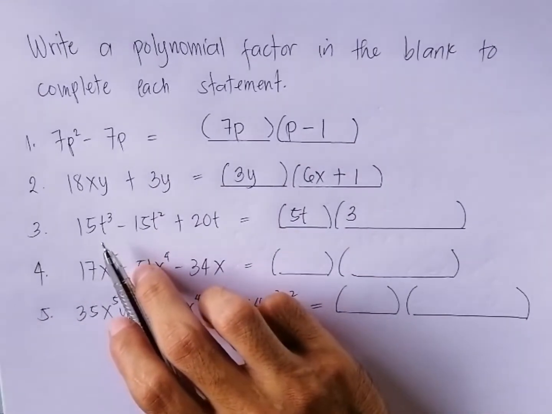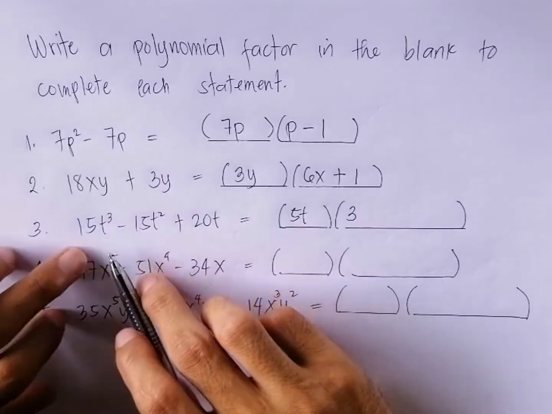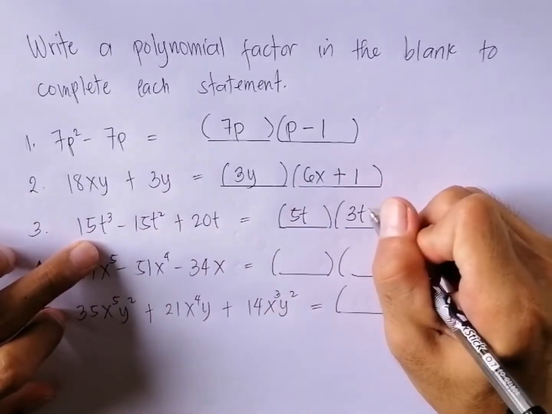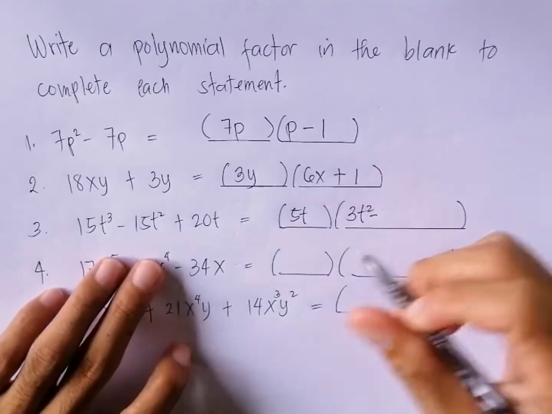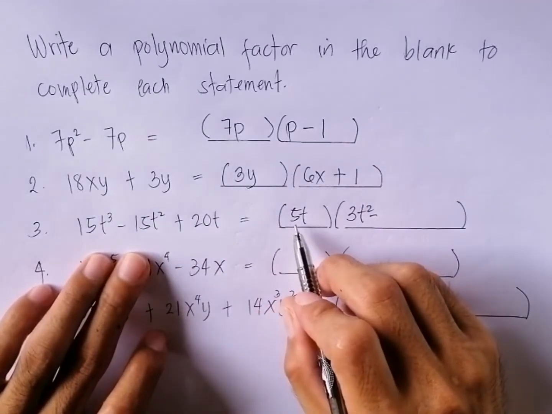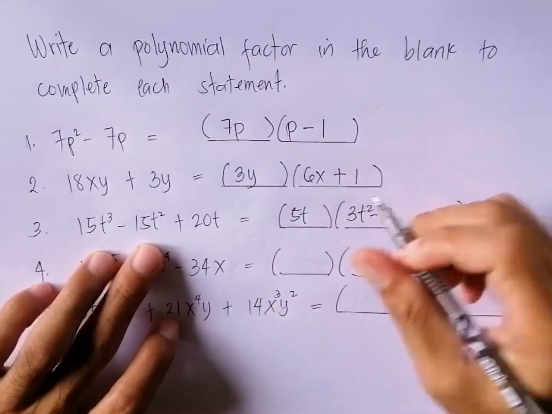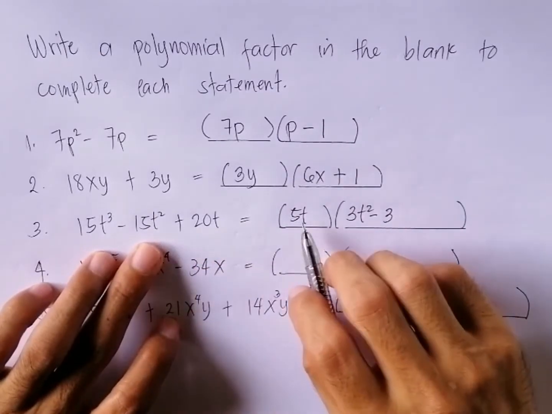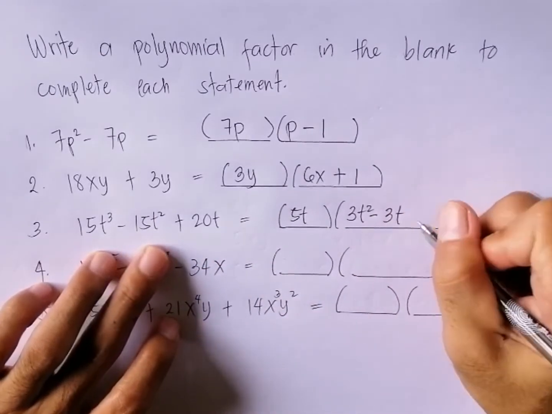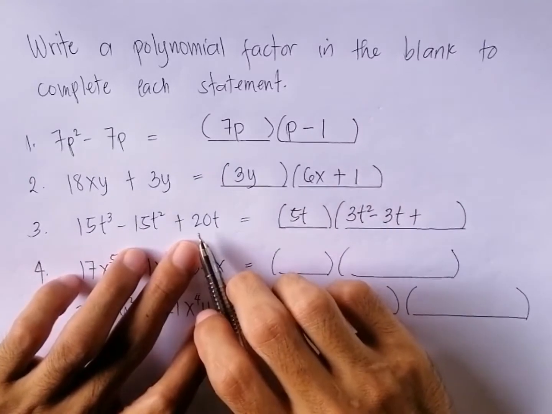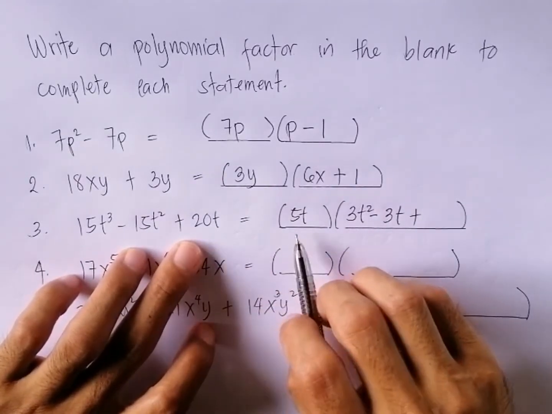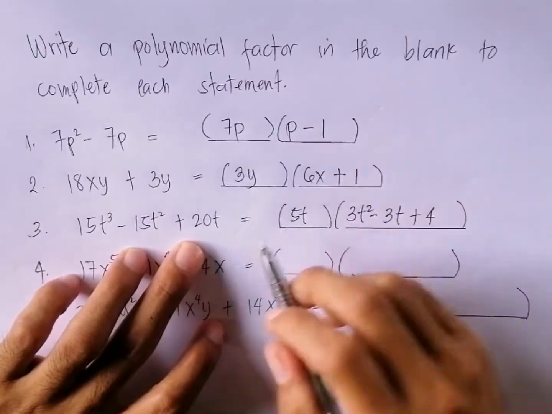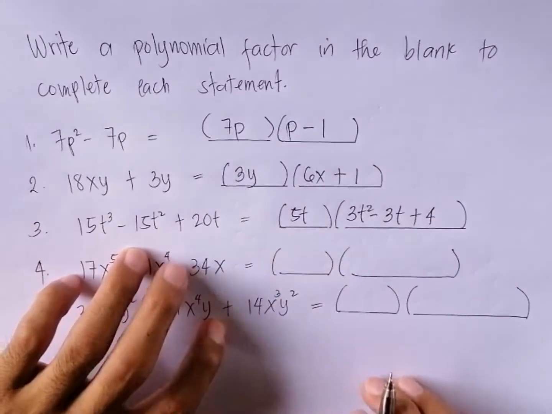Then t cubed divided by t is t squared, minus 15 divided by 5, that is 3. T squared divided by t is equal to t, plus 20 divided by 5 is 4. Then t divided by t is equal to 1.